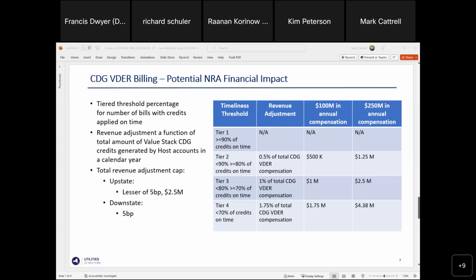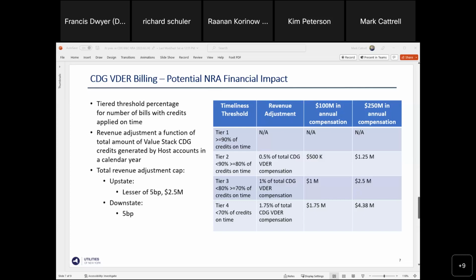The last 2 columns demonstrate a potential financial impact to utility based on 2 illustrative levels of annual value stack CDG compensation. The first one being $100 million per year in credits generated by the host, and the second level at 250.